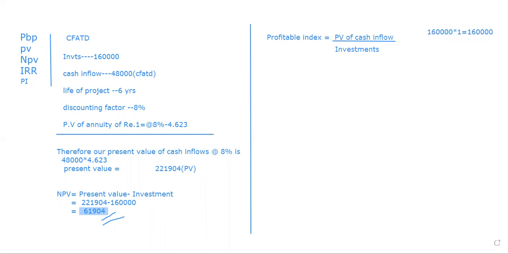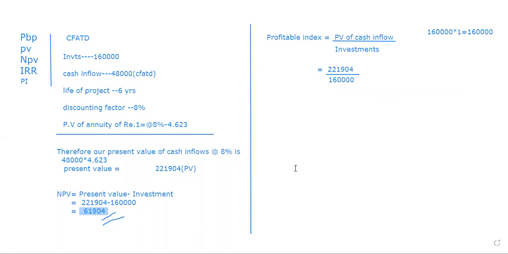Now we have already got the present value. How much did I get? 2,21,904. So I'll just apply it: 2,21,904 divided by 1,60,000.